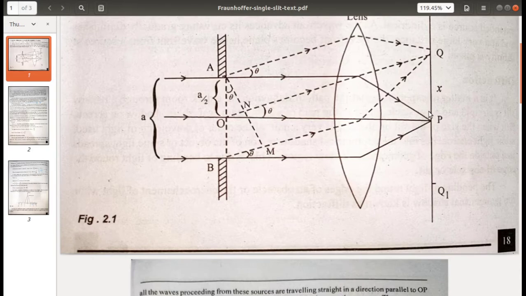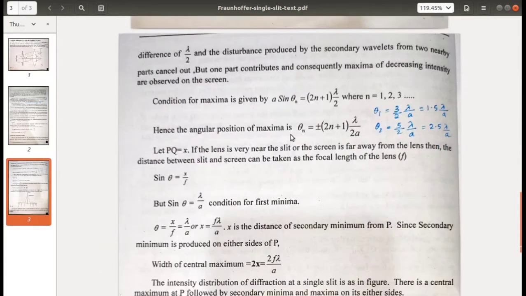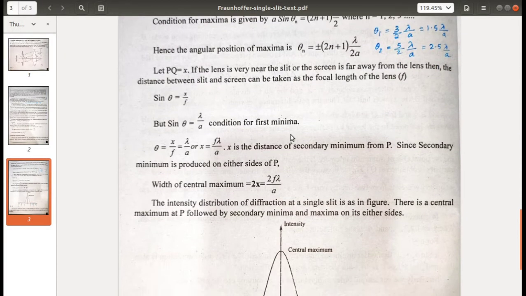Sin theta is equal to x by f, because we are considering this point. This is an enlarged or exaggerated figure, so this distance and this distance are almost equal. That's why we are taking sin theta as x by f, that is the distance between the source and the screen as focal length. Okay, so we can write sin theta is equal to x by f.